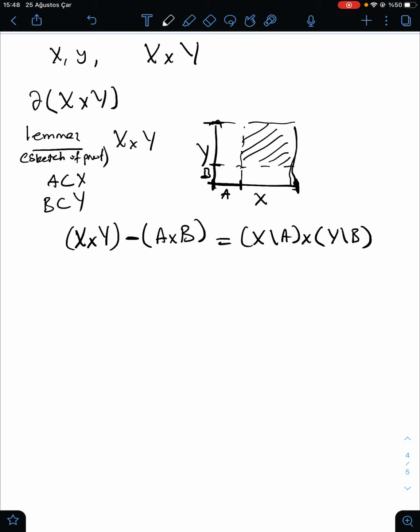So you are excluding this part, right? And you need to include these three parts. So you unite these parts with this.